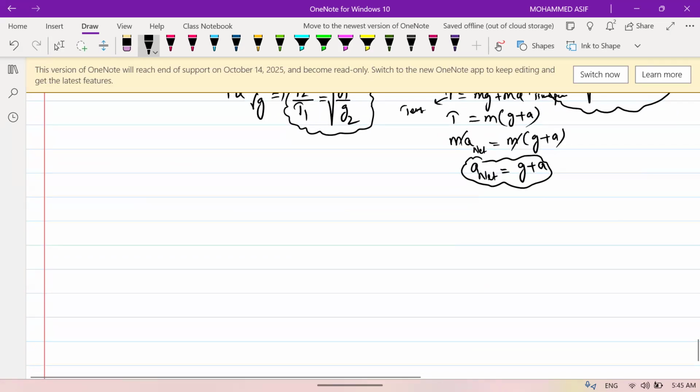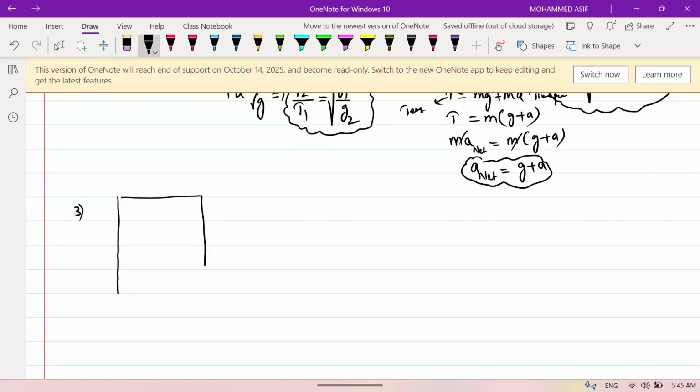Now if the lift is accelerating in the downward direction, this is your lift and this is your string, a simple pendulum of length L, and the lift is moving in the downward direction. Forces acting on the body: mg, tension in the string up.